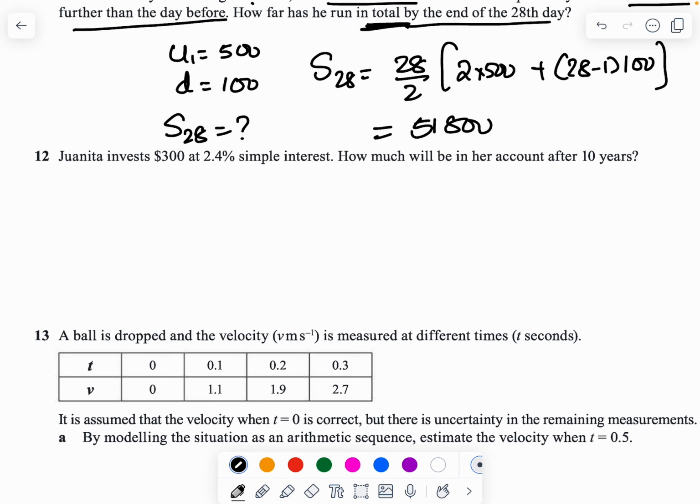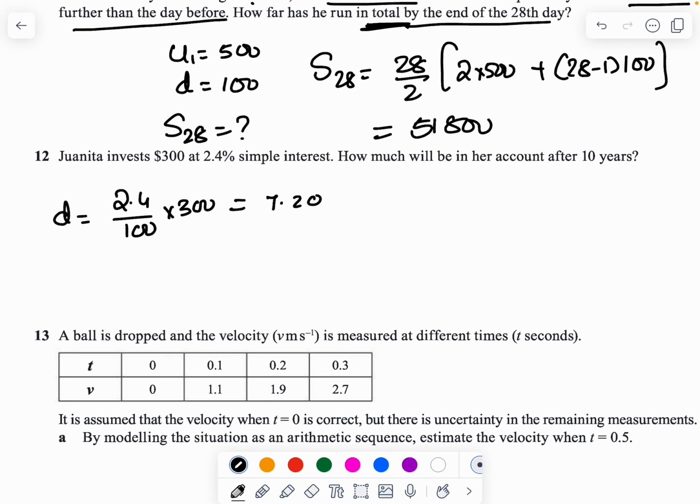So Junaita invests $300 at 2.4% simple interest. So 2.4 upon 100 times 300, which is going to be 7.20. This is going to be the common difference, so every year this 7.20 will be added.